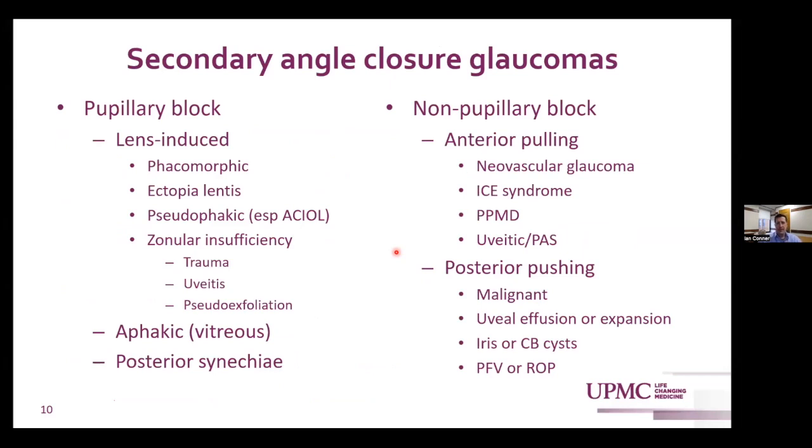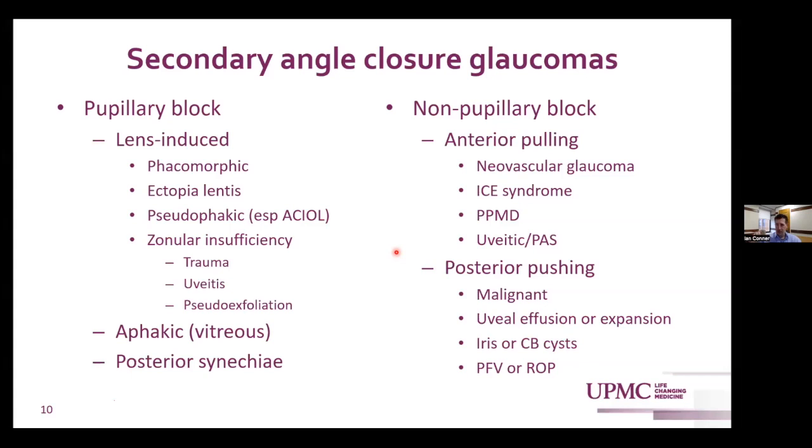And generally speaking, they can be separated into pupillary blocks. So something is blocking that valve we talked about of the pupil that allows the fluid to move from the posterior chamber. The lens: if it's a normal size lens in a smallish eye, that's primary angle closure. The big lens in a normal sized eye, meaning usually a mature cataract, then we call that phacomorphic glaucoma.